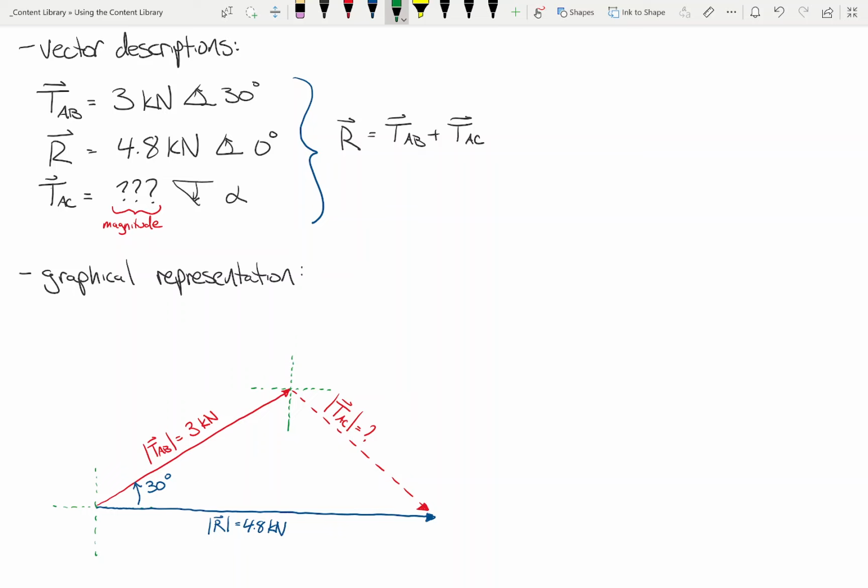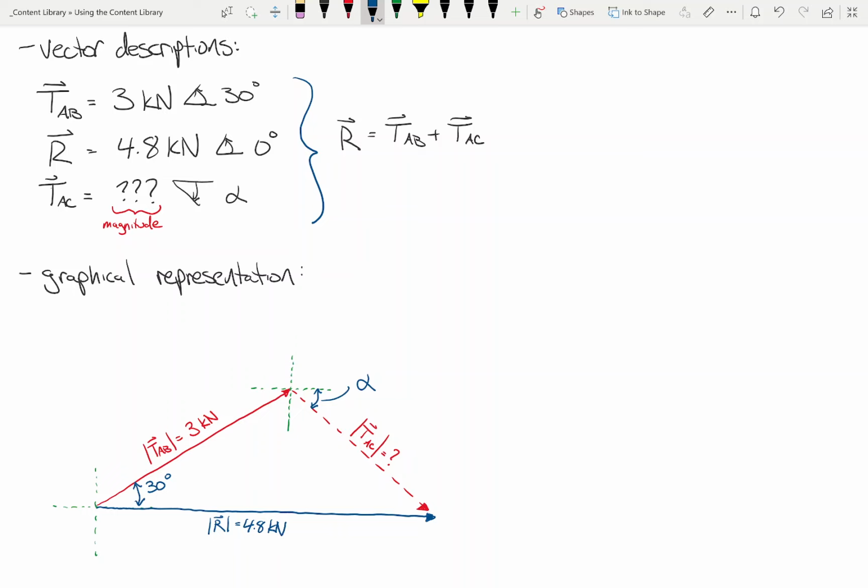So I'm after here. I'm gonna move this down so it doesn't squinch up a little bit. So I'm after this angle, which is alpha.